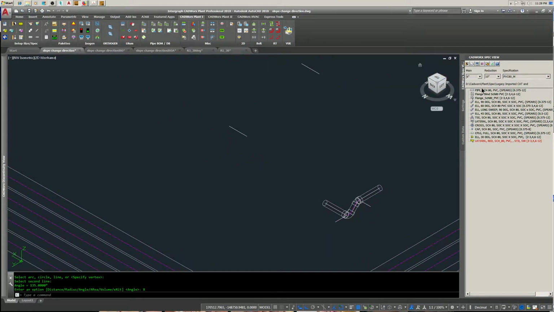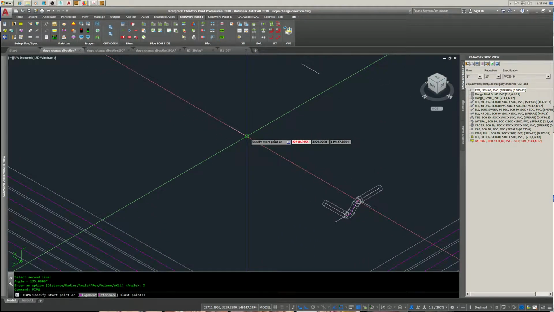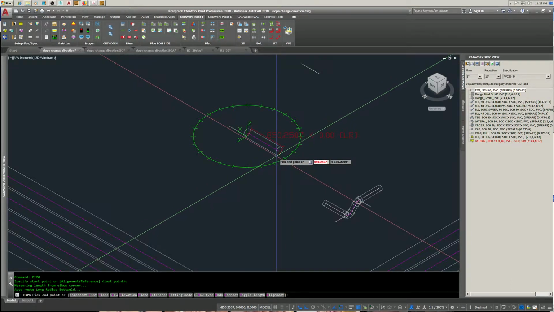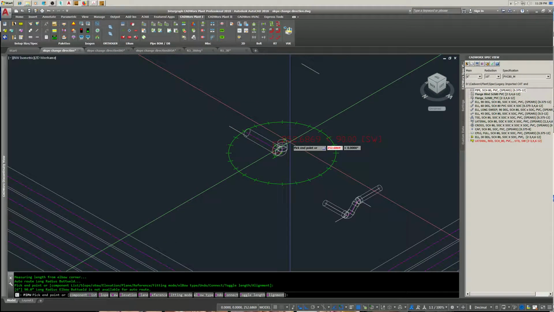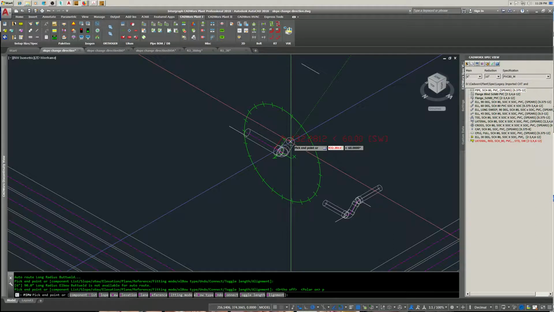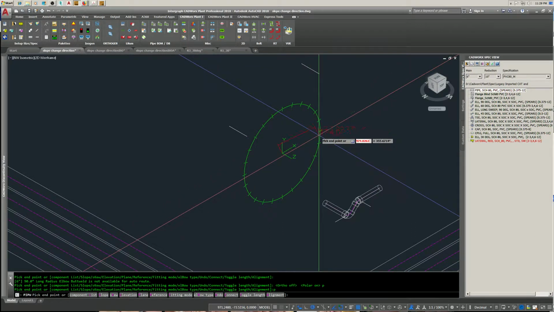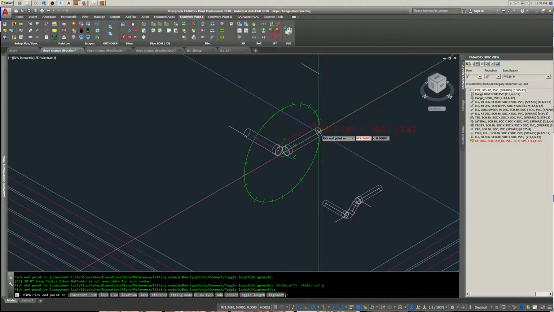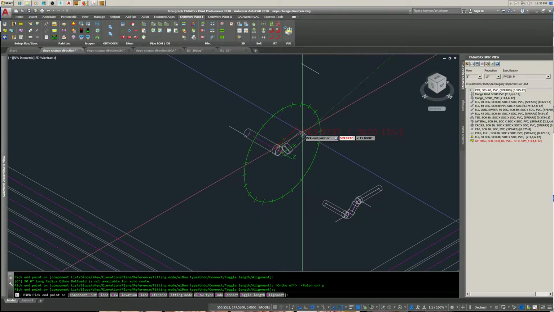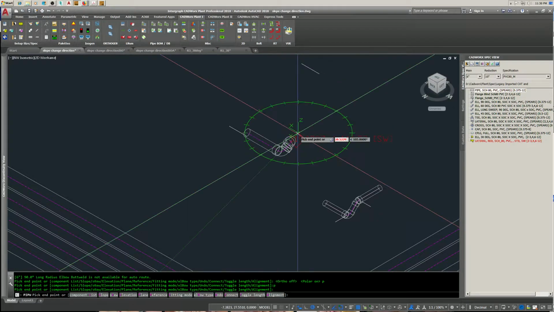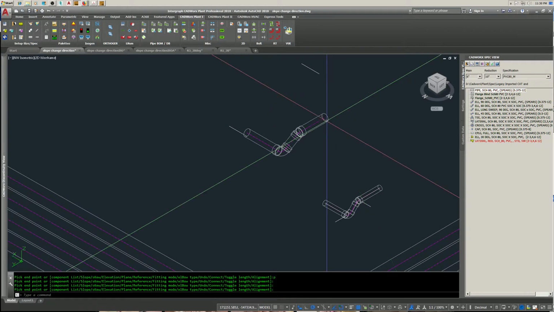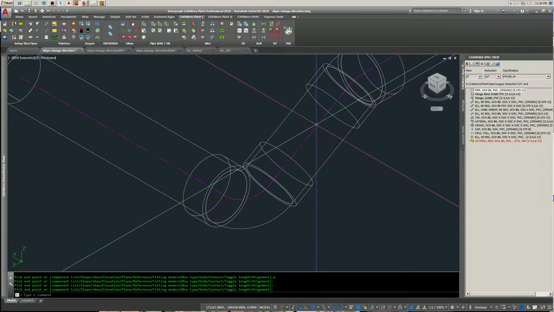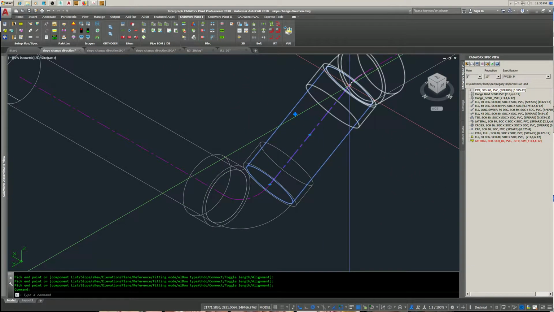Start off with just straight pipe, no angle on it. And I got this set for 15, there's 30. Tighten this up a little bit.